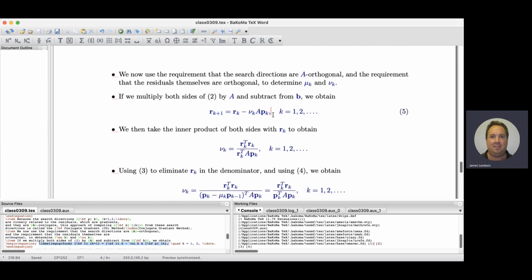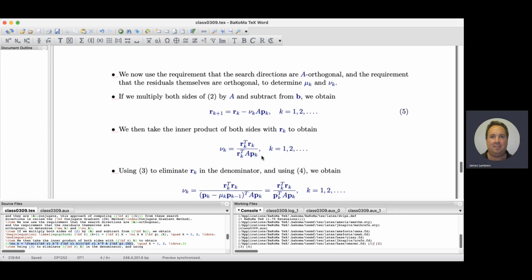That gives me this equation here, because each residual is b minus A x, like r_{k+1} is equal to b minus A x_{k+1}. So this equation falls out from carrying out these manipulations. Then I take the inner product of both sides of this equation with r_k, because r_k transpose r_{k+1} would be 0. And that gives me a formula for nu_k.